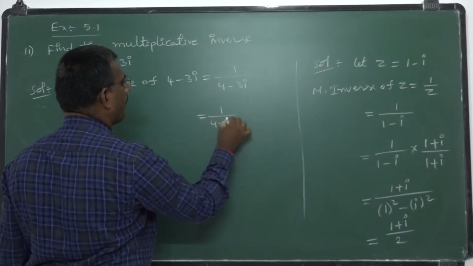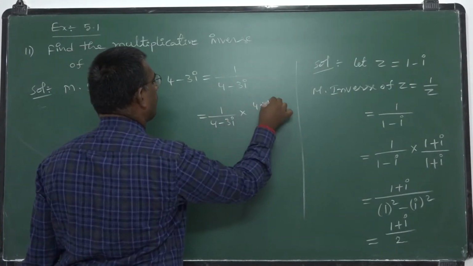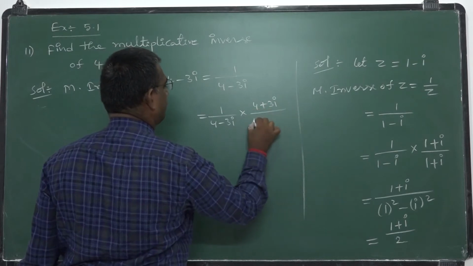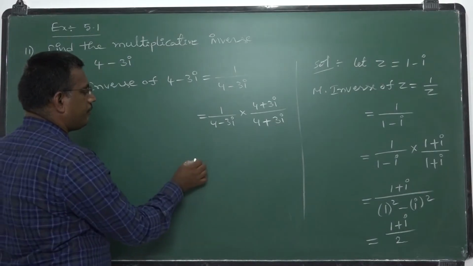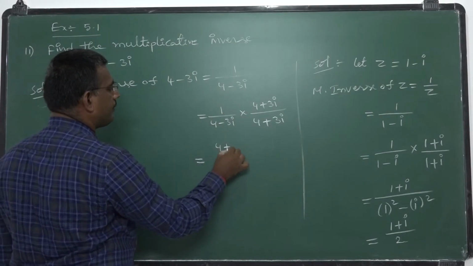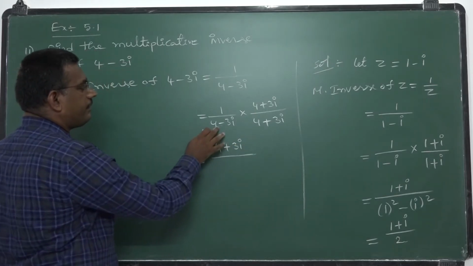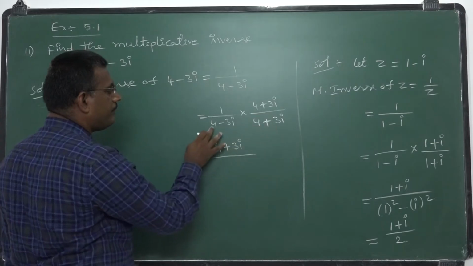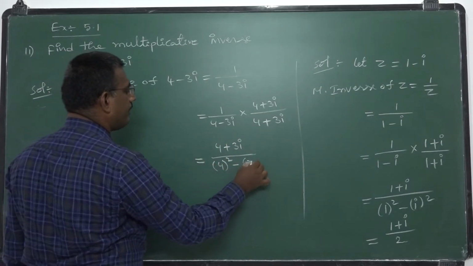Multiplying both the numerator and denominator with 4 plus 3i, this will be equal to 1 into 4 plus 3i, 4 plus 3i by denominator in the form of a minus b into a plus b, a square minus b square, 4 square minus 3i whole square.